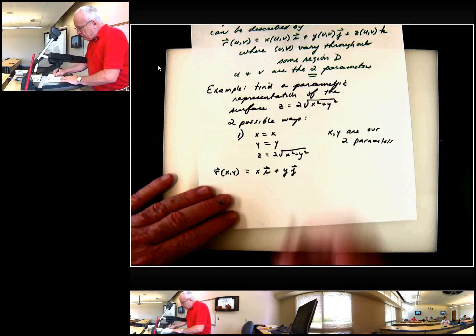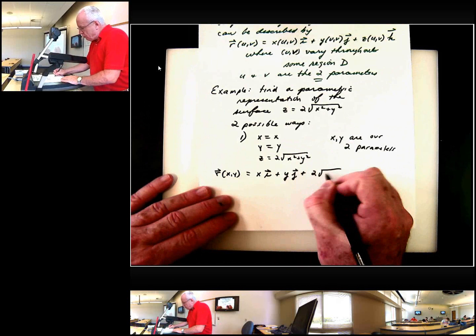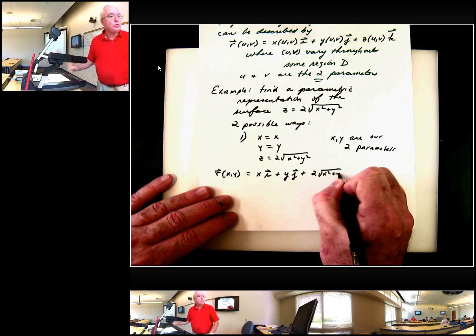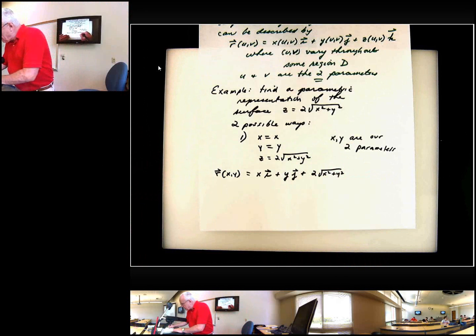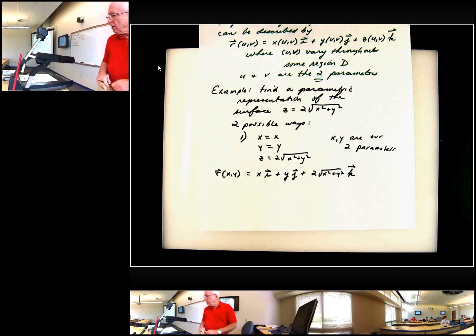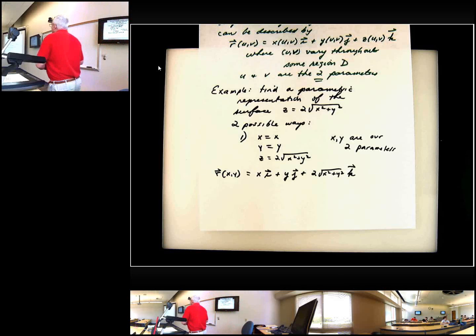And then plus z, we have to put our formula here, 2 times the square root of x squared plus y squared, and then that's going to be times the k vector. So that's just one way of parameterizing it.